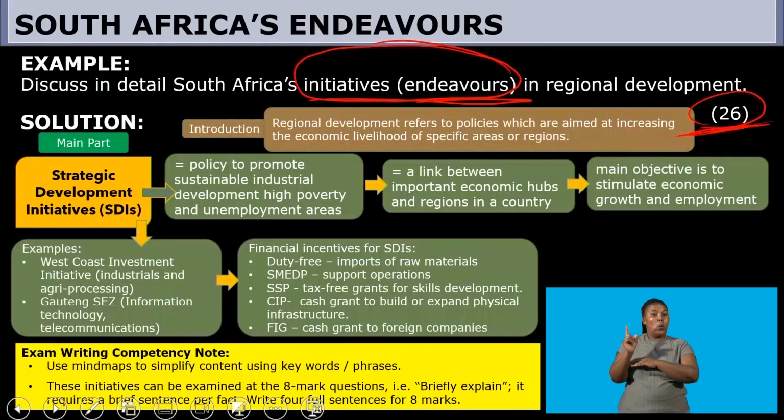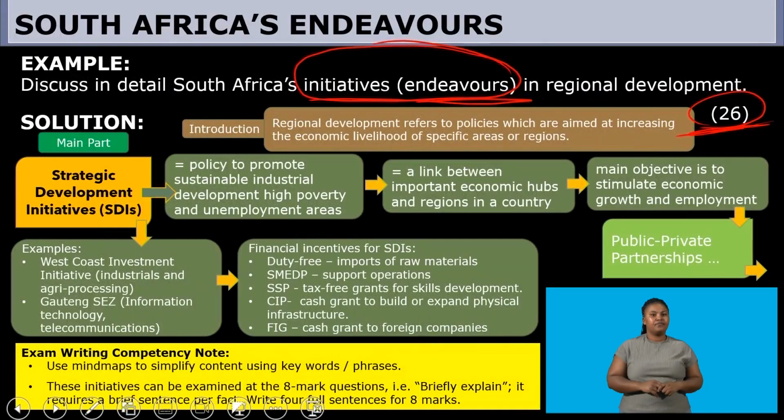They include the duty-free incentives, the support operations to small enterprises, tax-free grants that will be given for skills development, the cash grants that can also be given to expand physical infrastructure, as well as the foreign investment grants that are given to foreign investors who might want also to come and invest in those poor areas in South Africa. So those will act as incentives that would attract businesses to locate in those poorer areas.